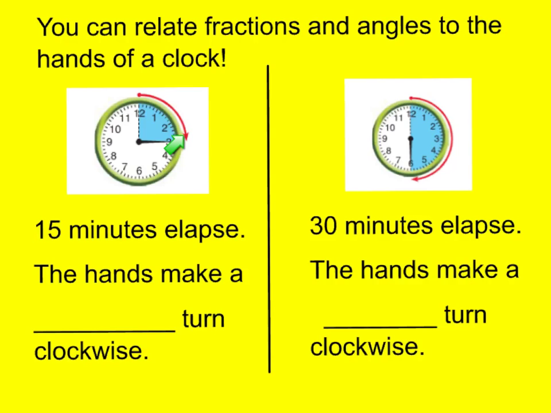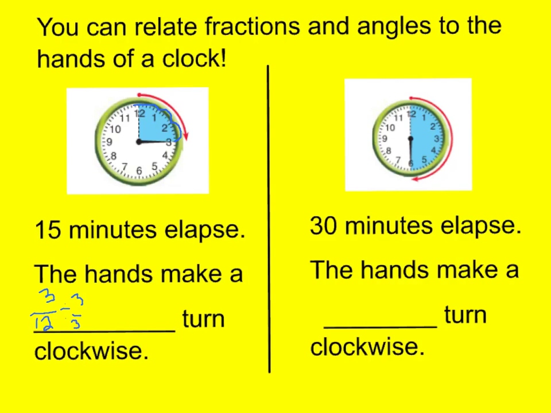Now I want to see what kind of turn they made when they moved clockwise. Well, I know that my clock is divided into 12 equal parts. So let's see how many parts are shaded. 1, 2, 3. So I can say that 3/12 of my clock is shaded. If I could simplify this, I would divide it by the greatest common factor, which is 3.